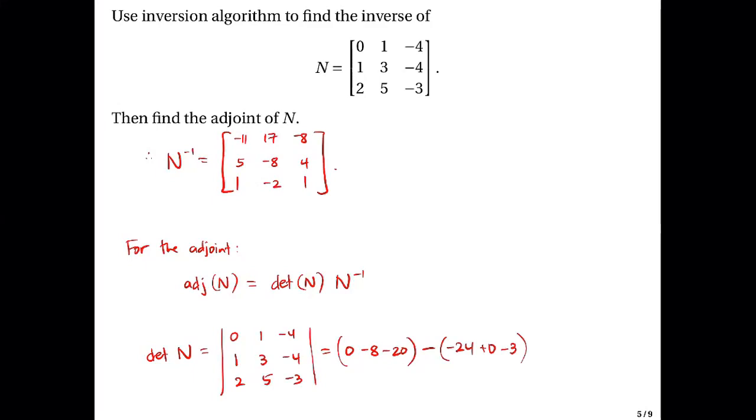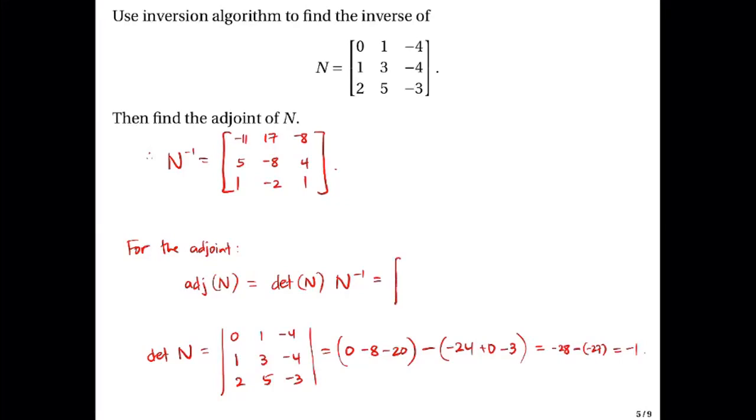Okay? So if we calculate this, as you can see, we have here minus 28 minus, in here you have minus 24 minus 3, that's minus 27. So this is just negative 1, which means this adjoint is just the negative of n inverse.